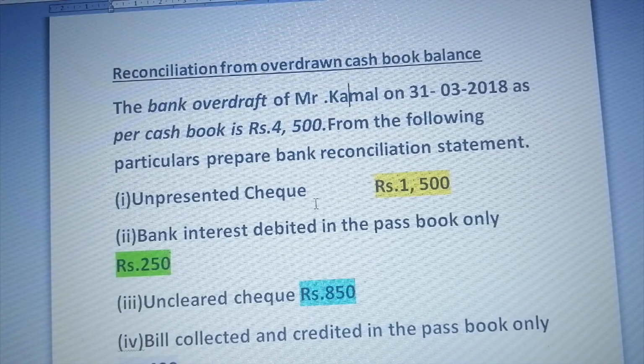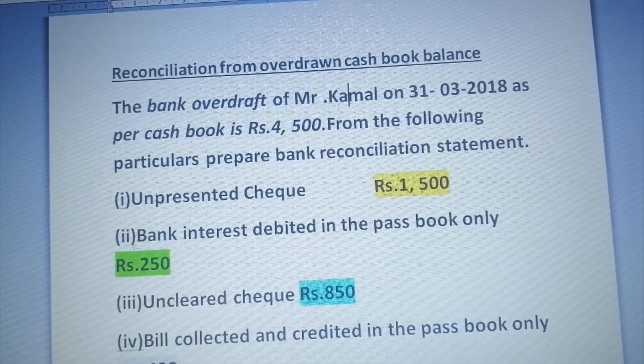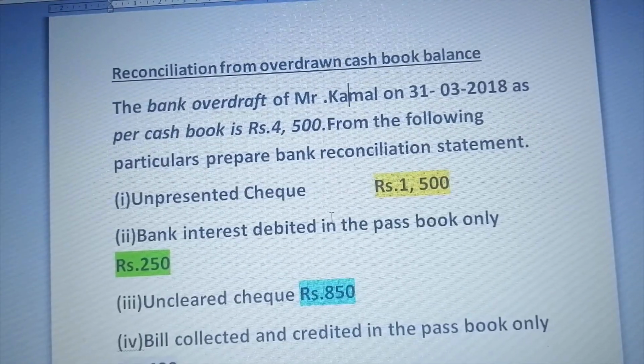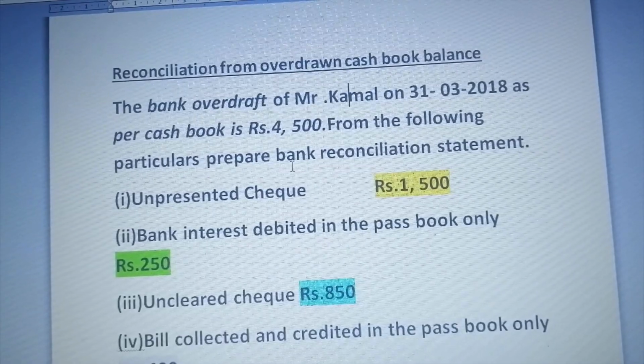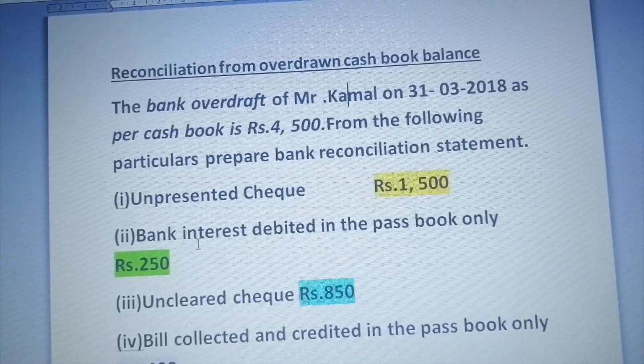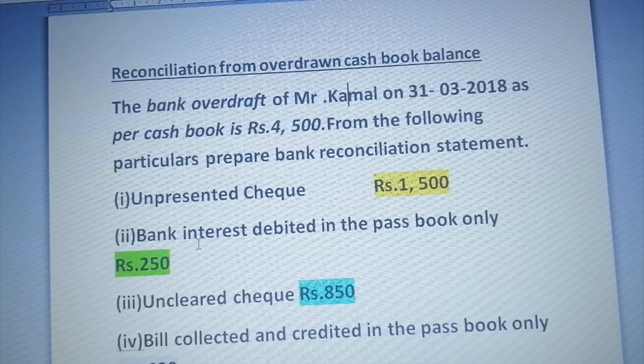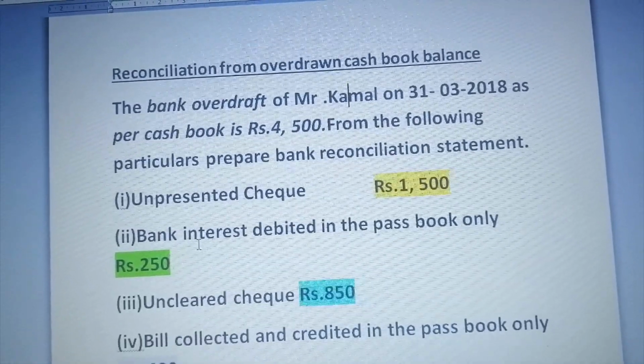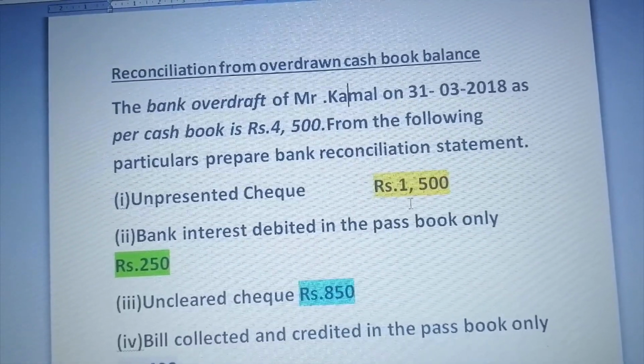Clear? So in this case also, the check is already issued by the customer, so that leads to reduce the balance of cash book, whereas it is not yet presented in bank. So his passbook balance becomes high when compared to his cash book balance. Clear? So this transaction leads to increase the balance of passbook.